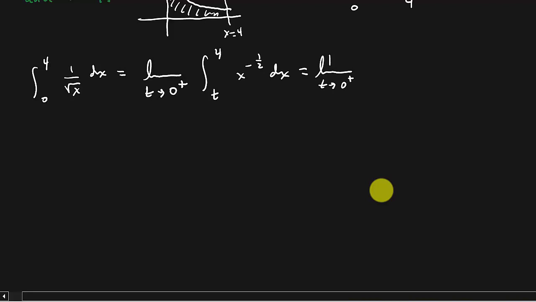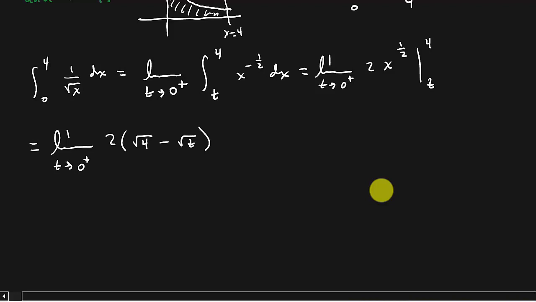All right, so what do we do? We've got x, add 1 to the exponent, so that's 1/2, multiply by the reciprocal of your new exponent, and that's going from t to 4. And so this is the limit as t goes to 0 from the right of 2 times, and this x to the 1/2, that's the same thing as square root of x, so that's square root of 4 minus square root of t.